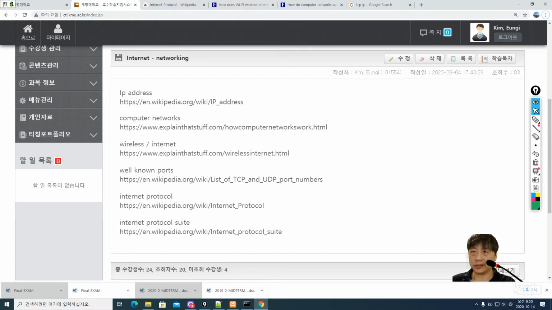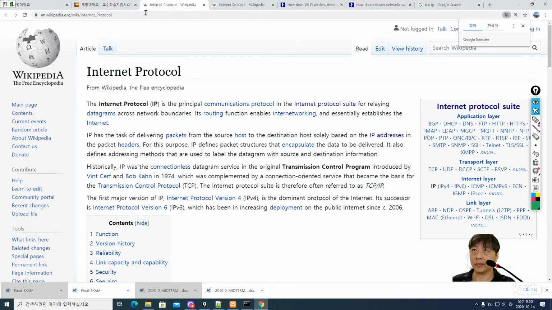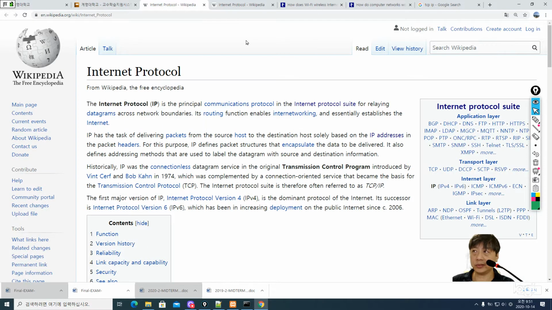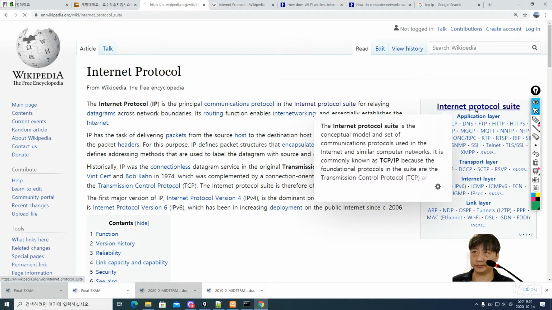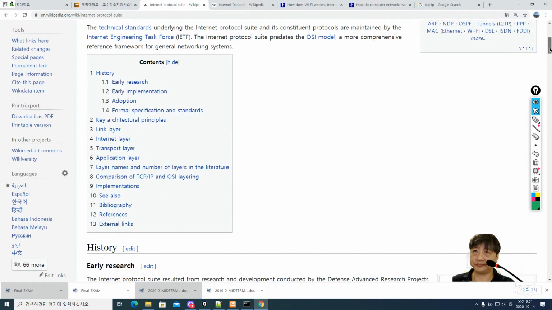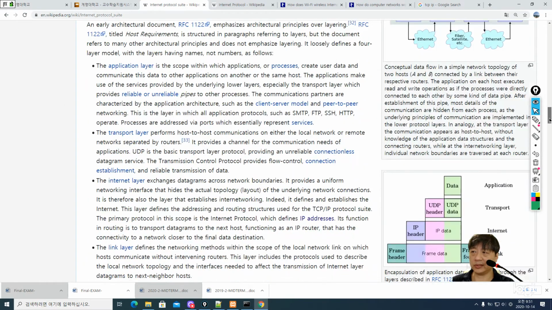Okay, so let's click on the internet protocol. Oh, we did that. Okay, let's take a look at the Internet Protocol Suite, which is this one here. So it's kind of the same thing as the other one. The other one shows the TCP/IP addresses.